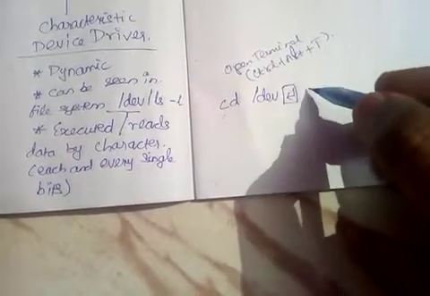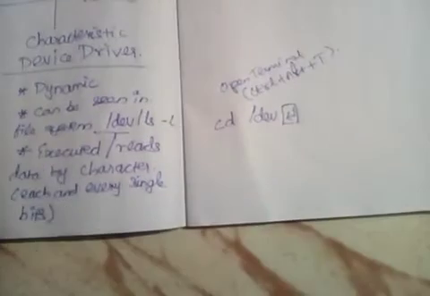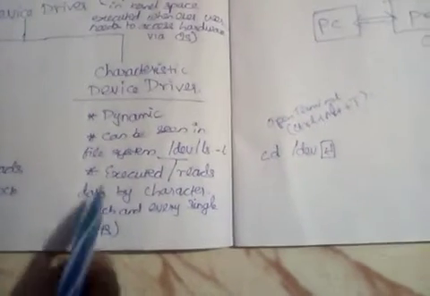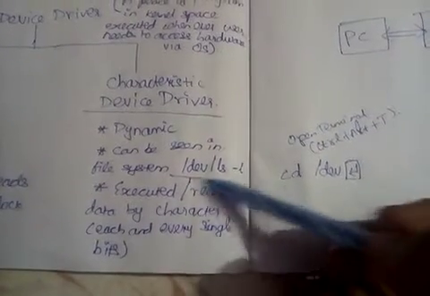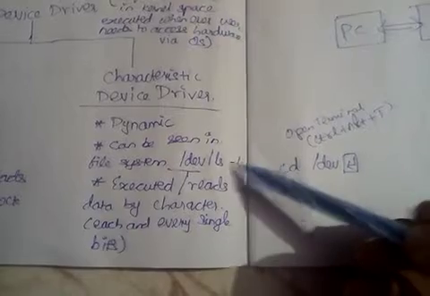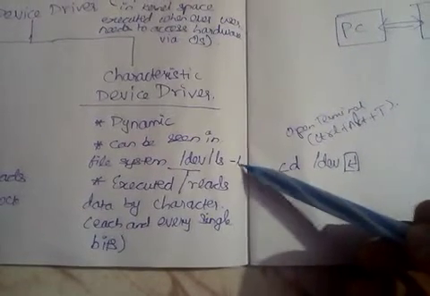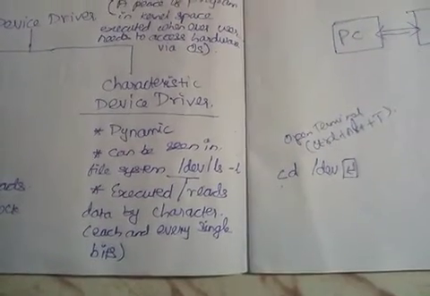This will lead you to a file location where all the character drivers are available. You can see all the character drivers available there. Character drivers are dynamic and can be seen in the file system. In this file system, if you give ls space -l, it will show all the device drivers.